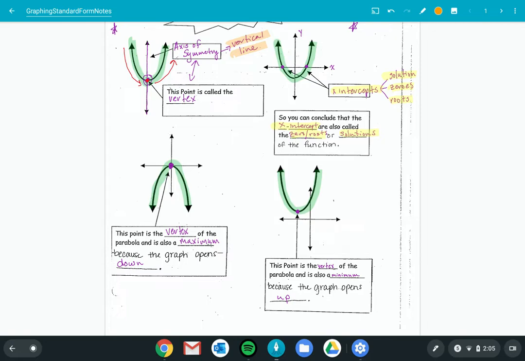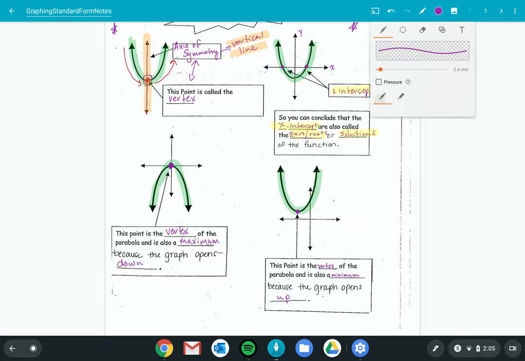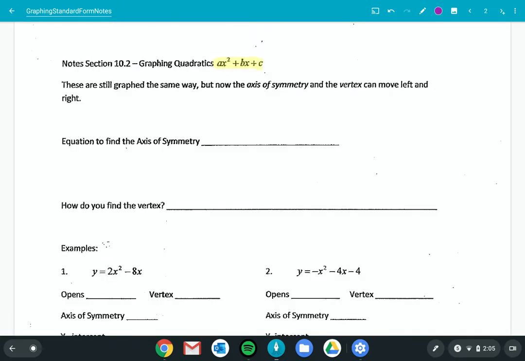So in this case, what is an acronym that we've talked about for a vertical line? I know, at least in my class, we've talked about these two acronyms, VUX and HOY. VUX stands for vertical line.